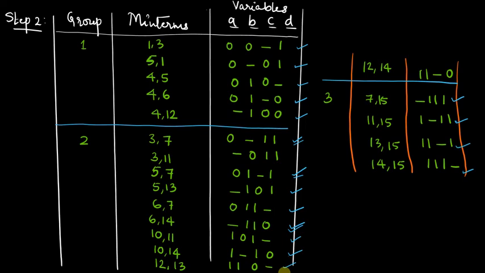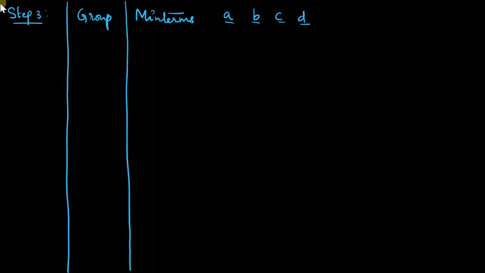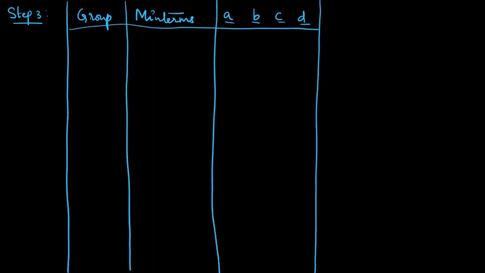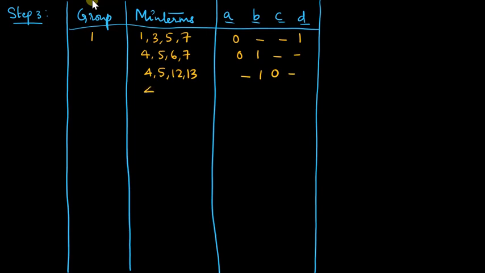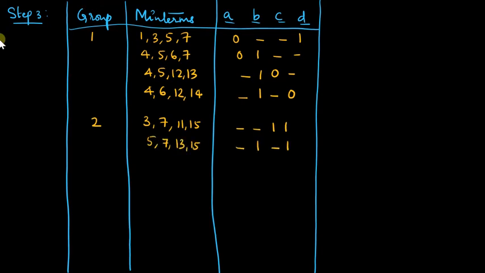In a similar manner I compare group 2 and group 3. In step 3 I can still have a reduced table, wherein group 1 has 4 minterms and group 2 has 4 minterms.